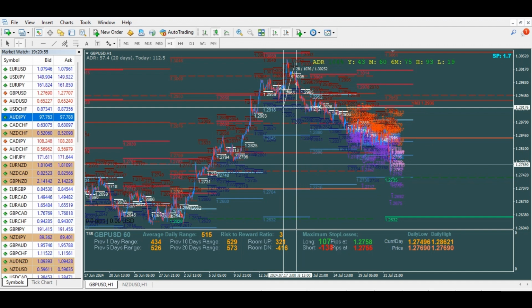So close to the weekly R1 means 77% of the pip distance between the weekly middle pivot and the weekly R1. Okay. And then obviously for longs, it would be 77% of the distance between the weekly middle pivot and the weekly S1. Right. And I think that that's a good measure of close to the weekly R1.